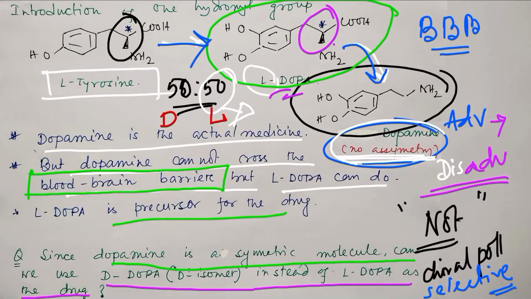But another point, if you think from the industrial point of view, if you don't need to do any chiral separation or any other purification, then the cost of the drug is expected to be low. If the manufacturing or production cost is less, then the drug will be cheap and people can buy it easily, because the ultimate burden goes on the people. So that is the disadvantage.